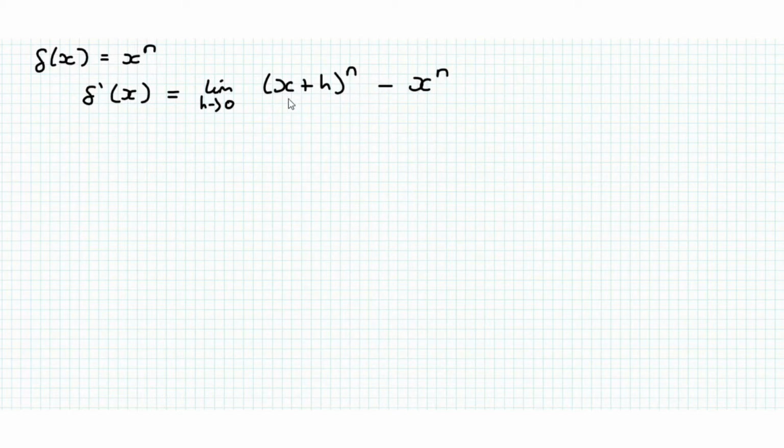So from our formal definition, f dash of x is equal to the limit as h goes to 0 of, and we'll just substitute this in, x plus h to the n, because when we do f of x plus h, we're taking our input as x plus h, so it's not x to the n plus h, it's x plus h all to the n, minus x to the n, that's our f of x, over h, right?